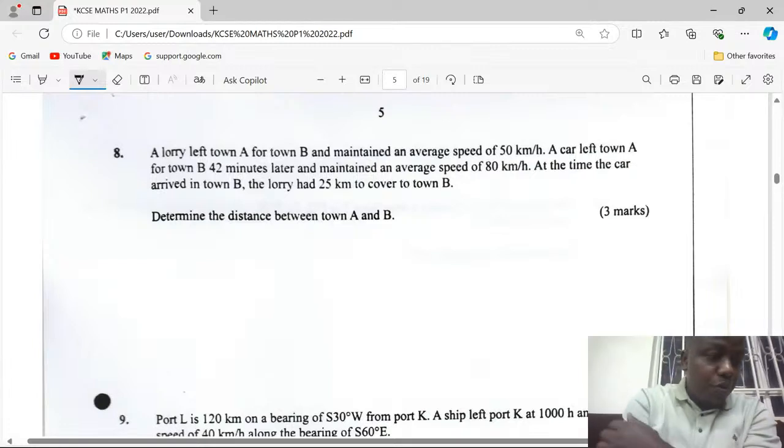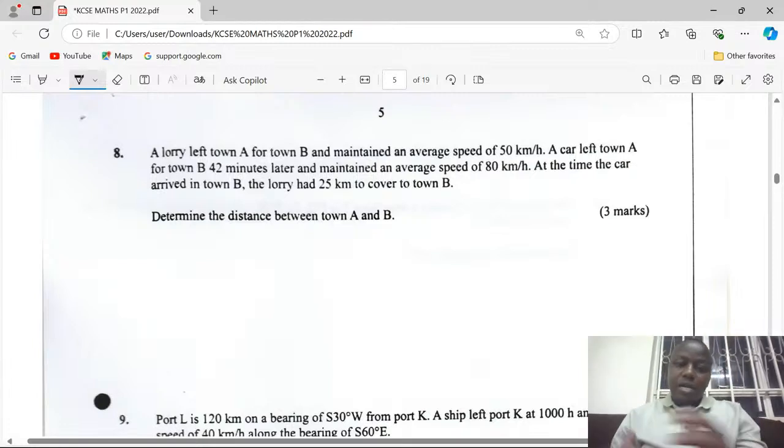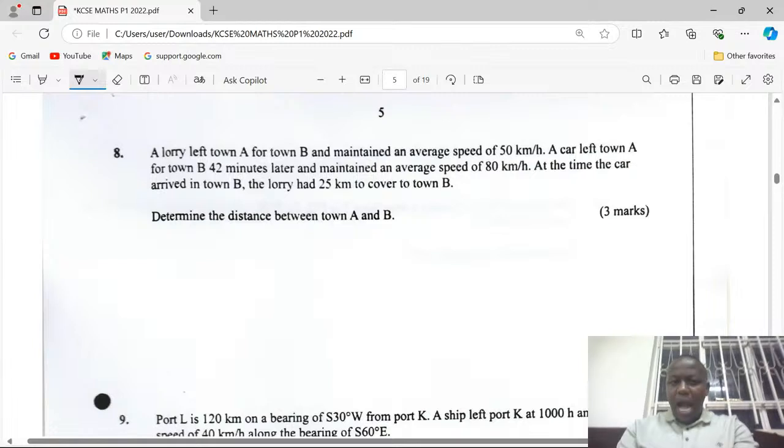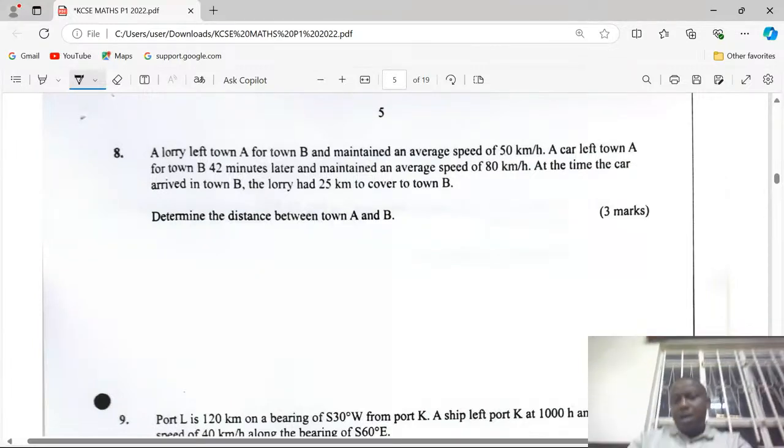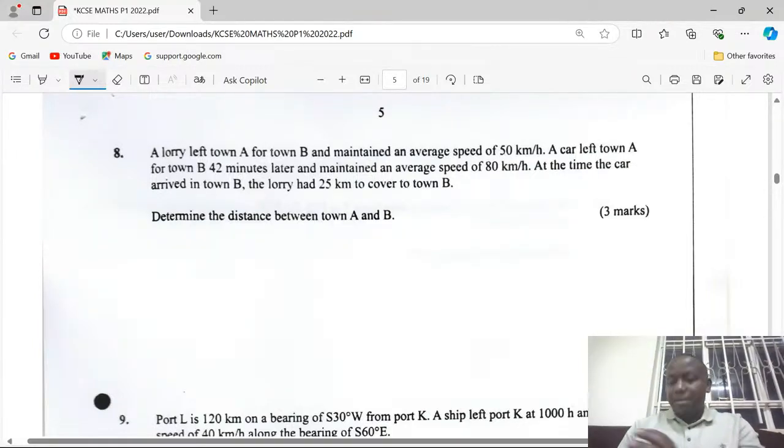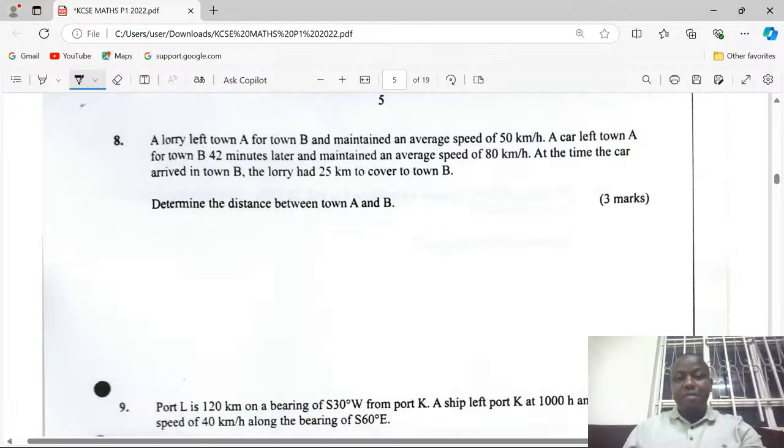Something we're supposed to know is that these two vehicles are moving in the same direction. One is going to cover the total distance because the car is arriving, while we will have the lorry not arriving with a remaining distance.